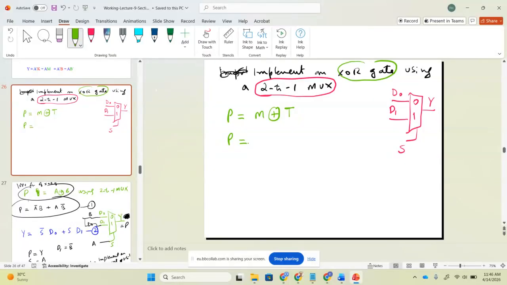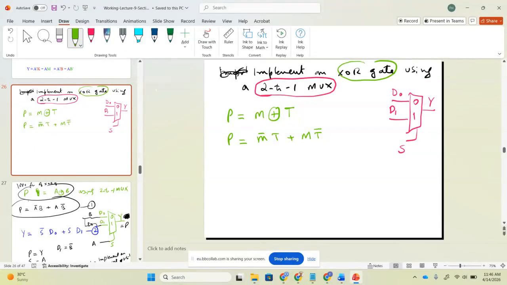Sometimes I see some of the answers they get from ChatGPT and answer very quickly, but I'm asking it during the online lecture and no one is answering me. What will be the SOP expression for P? M bar T plus, yes, M T bar. Very good. This is clear or not clear?